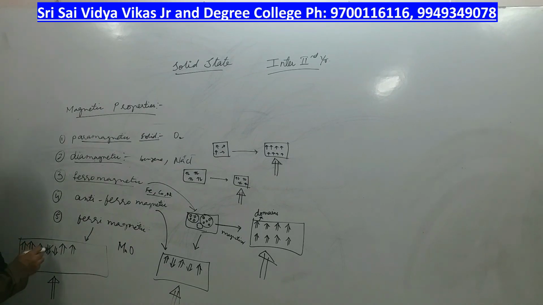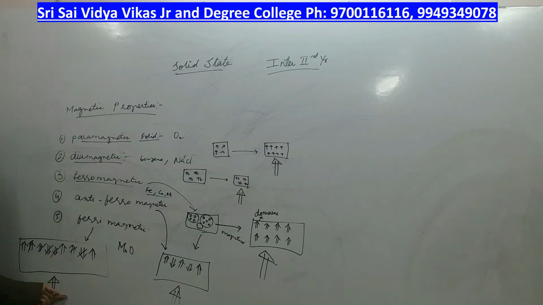Suppose I am cancelling downwards, upwards, downwards, upwards, downwards, upwards. What is remaining is upward 1, 2, 3, right? So with the external magnetic field, is it aligned or not? That means some magnetic nature will be there for ferrimagnetic substances, right? But the speciality of ferrimagnetic substances is, though it is having some magnetic nature, a net magnetic moment is there.